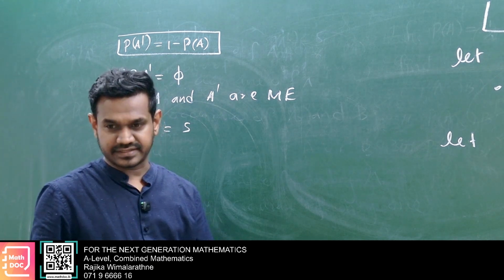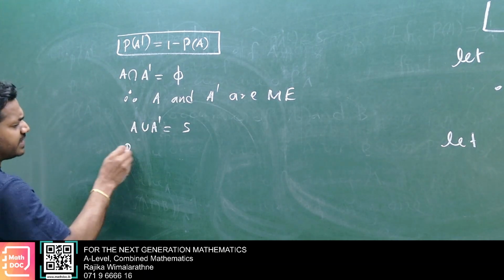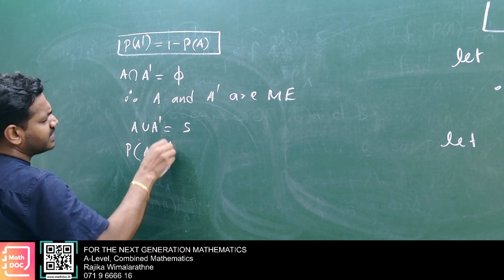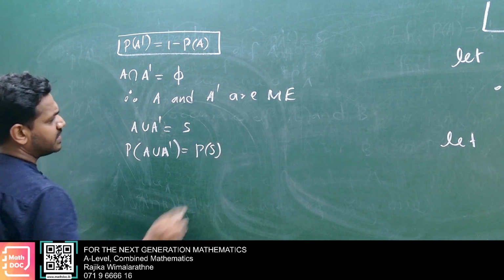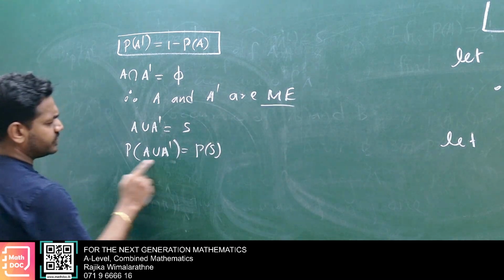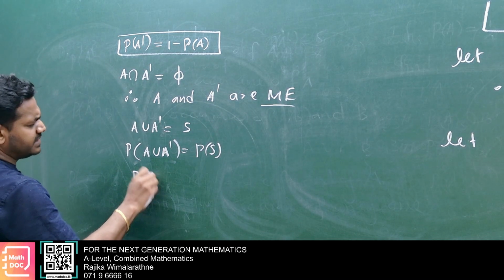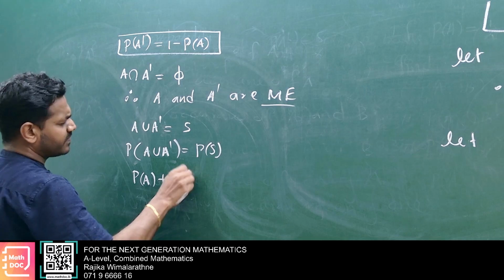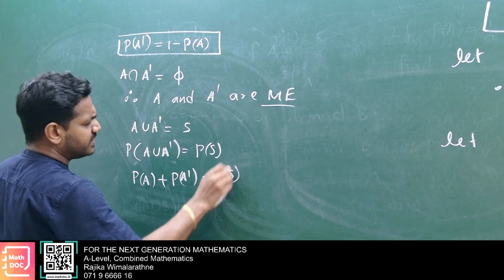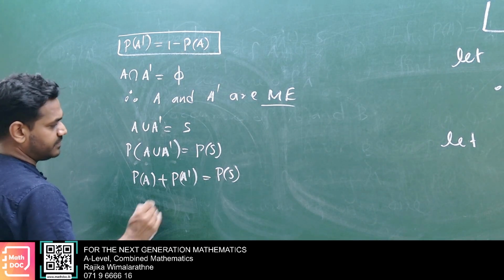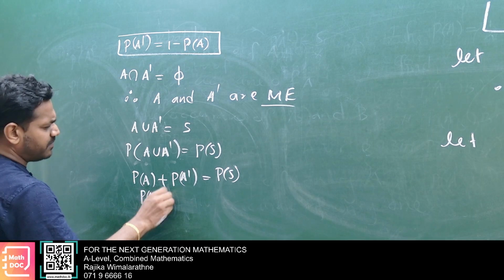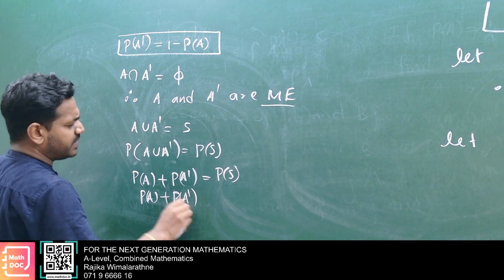A and A dash give S. Now you put probability of A union A dash equals P(S). Then for mutually exclusive events, union we write as addition. Here the third axiom, then P(A) + P(A dash) = P(S) = 1.